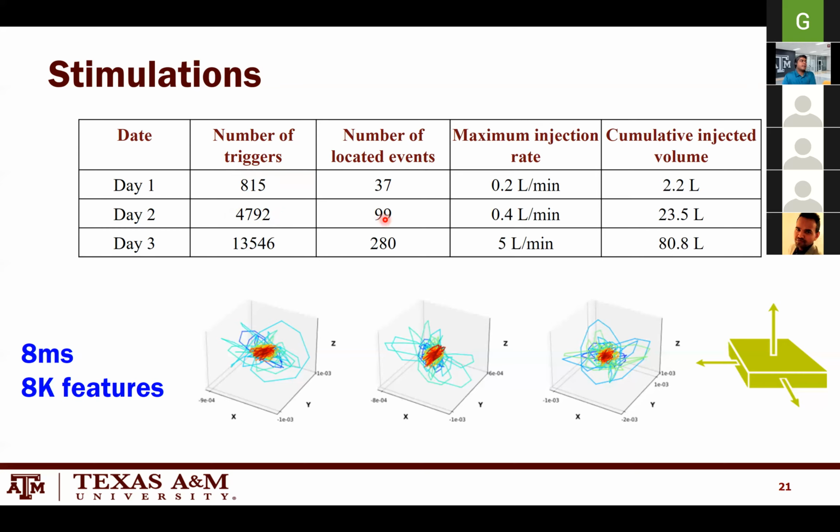Out of those, 99 were located. Day 3, the propagation of the fracture was done such that you propagate it further from injection to the producer. It was done at a pretty high rate, a lot of triggers, and 280 events were located.